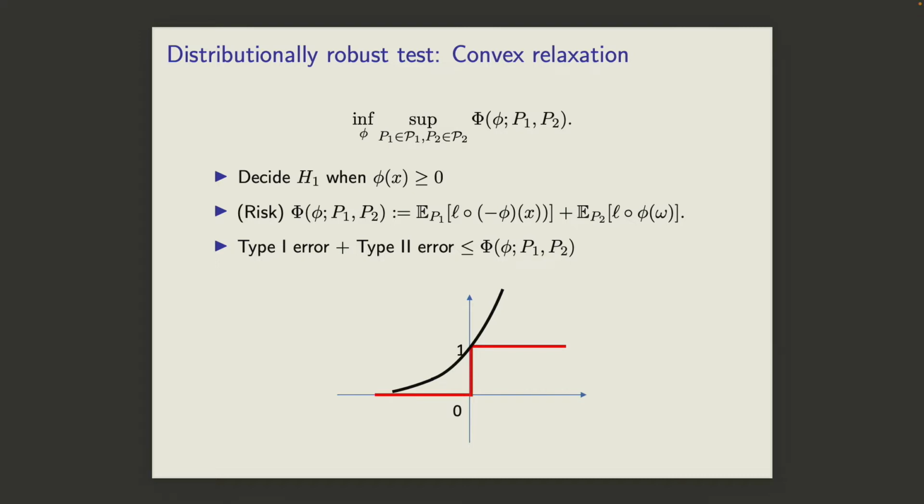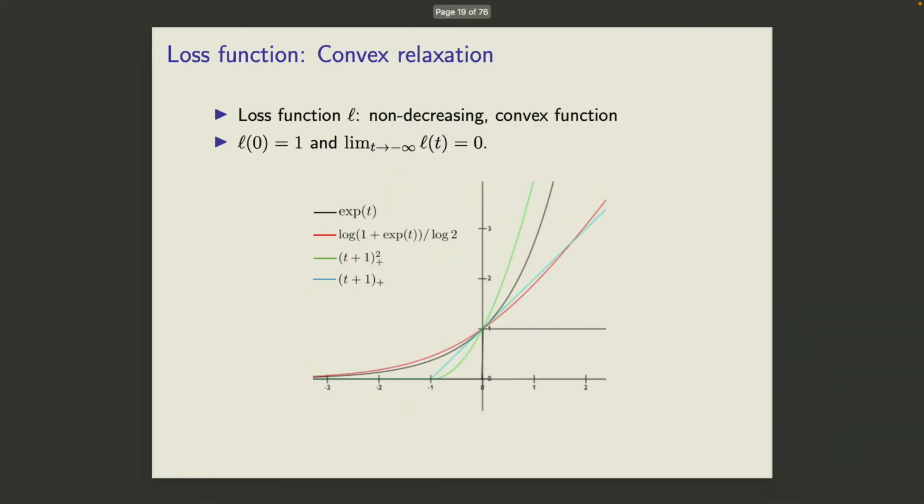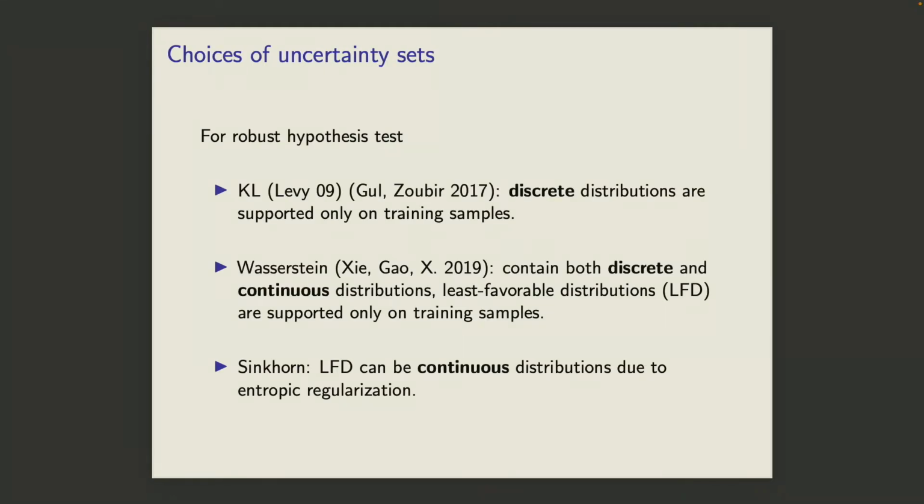This is a small trick: instead of the exponential, we can have any of these convex upper bounds you like. It can be hinge, squared hinge, and logistic loss. What's interesting is that these different upper bounds have different meanings in terms of finding the distribution later on. And the second question is how do we choose these uncertainty sets?